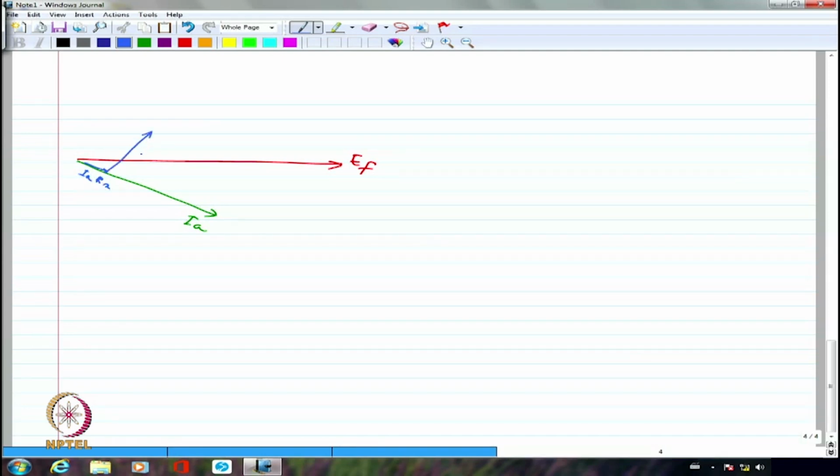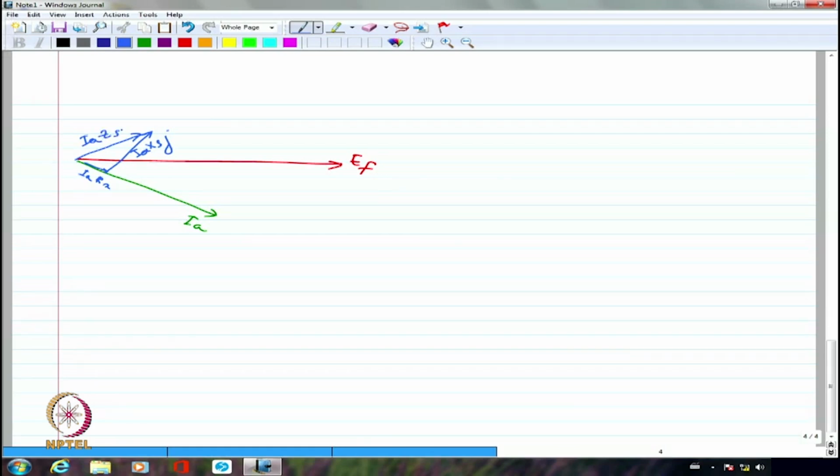Perpendicular to that will be Ia Xs. Please note Ia Ra should be minuscule compared to Ia Xs. This is of course Ia jXs. That's why the 90-degree shift is shown. The addition of these two will be Ia Zs, if I may call that the synchronous impedance.